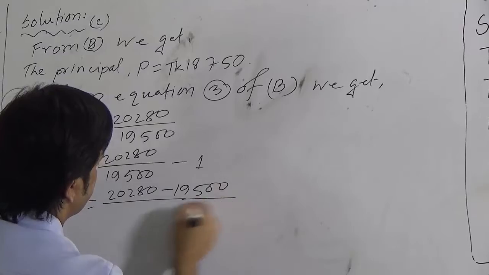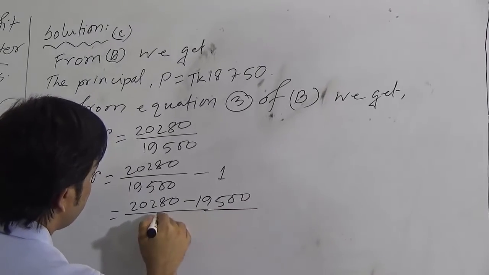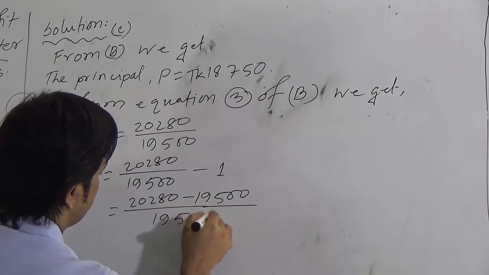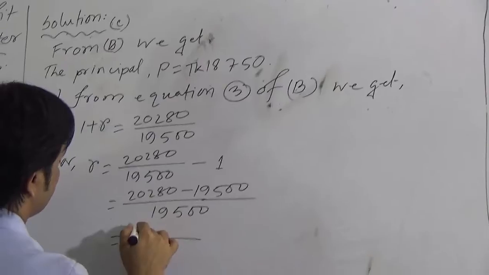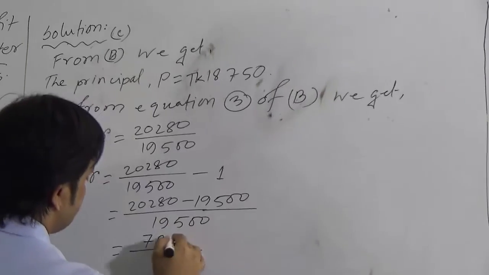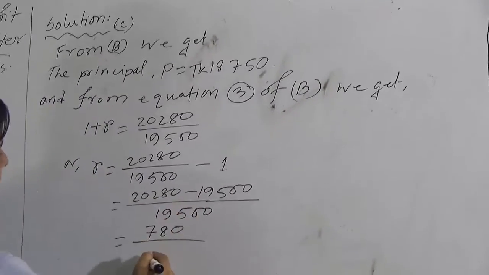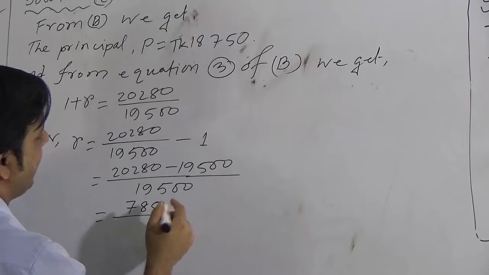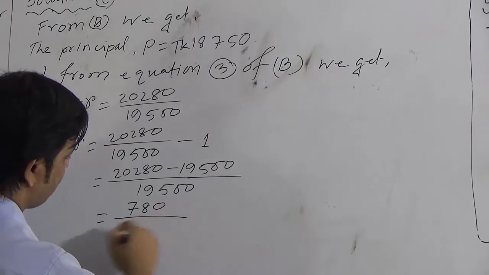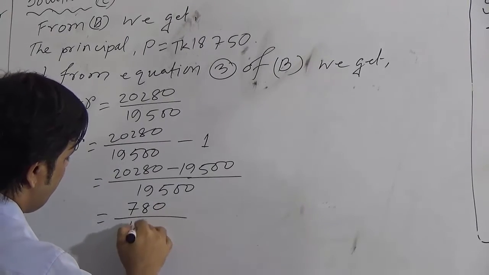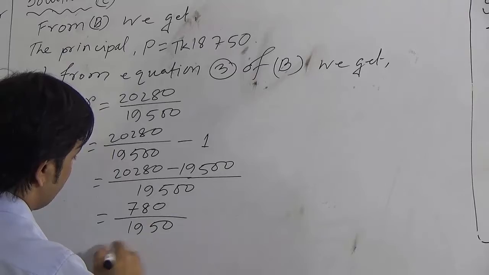That is 20280 minus 19500, which will be equal to 780. If we subtract, we get 780 divided by 19500.